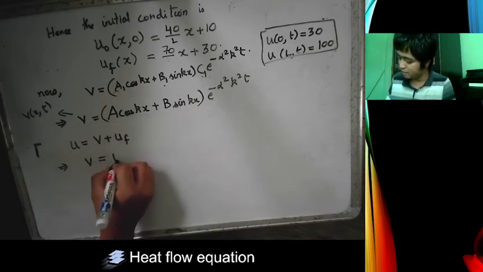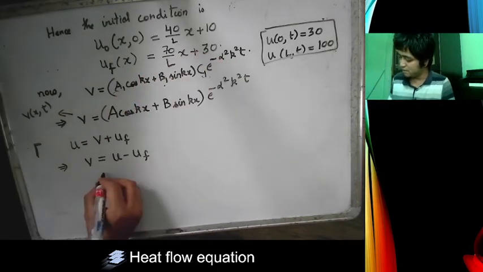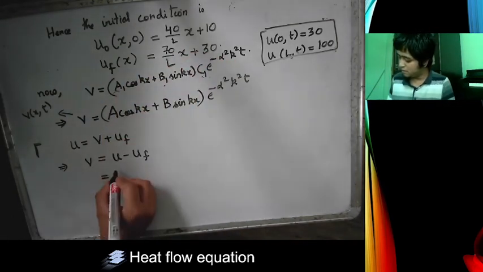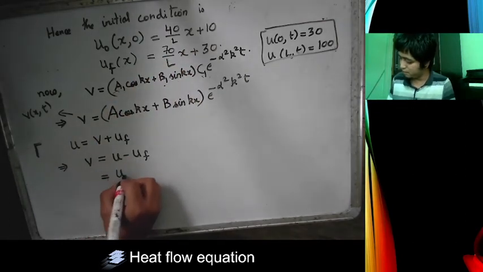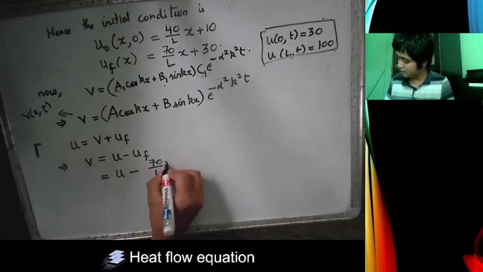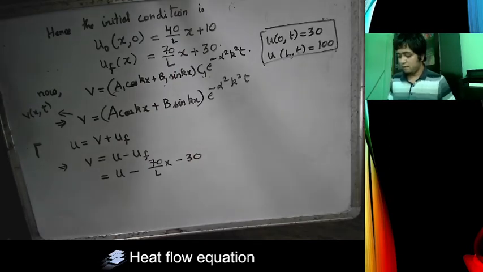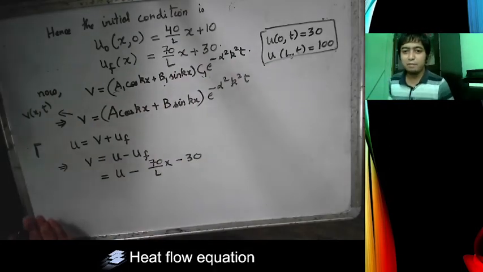So we can write v equals u minus uf, and uf you can replace with this portion here. I will keep u as it is, and uf will be 70 by L x minus 30. Now let us find the boundary conditions.